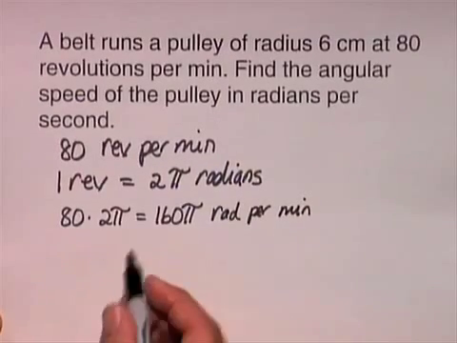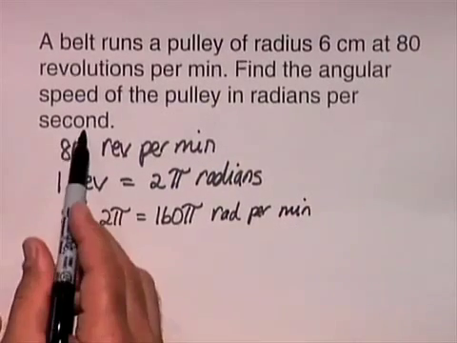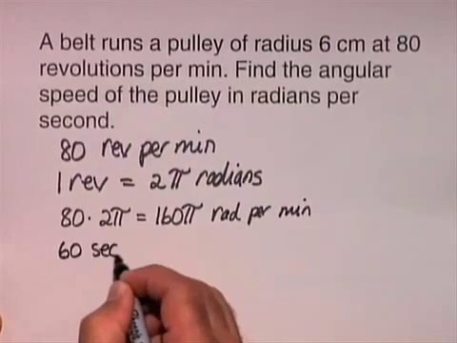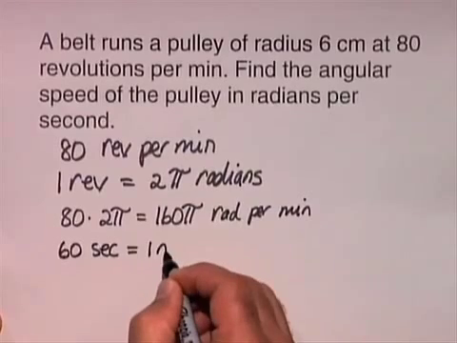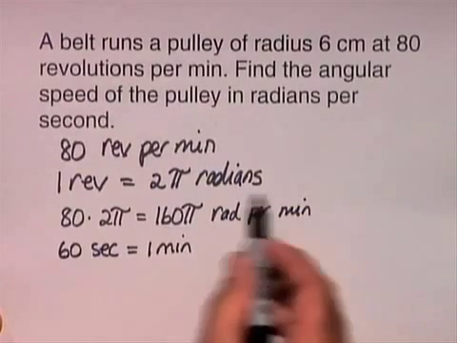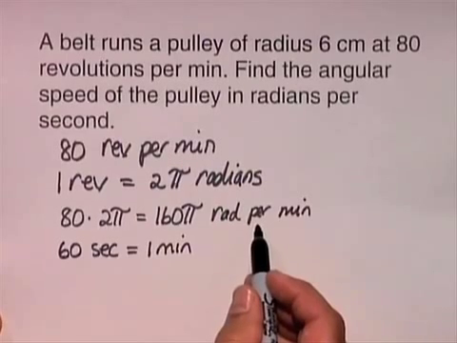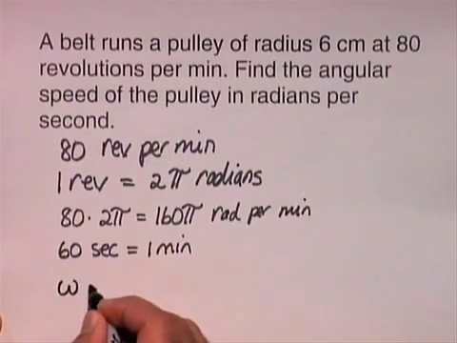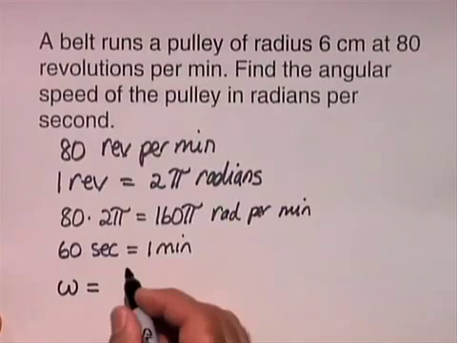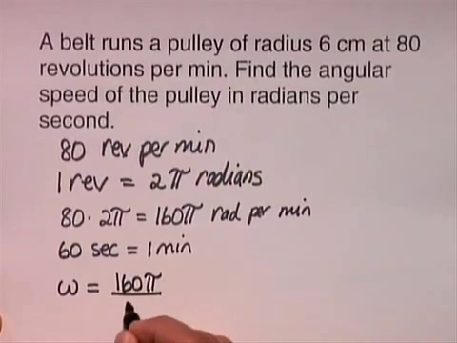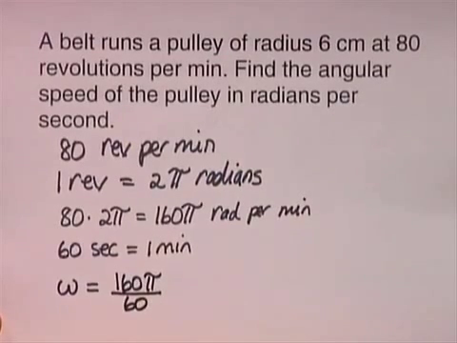Next, what we'll remember is, of course, we want this in seconds. We know that 60 seconds is equal to 1 minute. So therefore, we want to take this number and divide it by 60. So our angular speed is equal to 160 pi divided by 60.